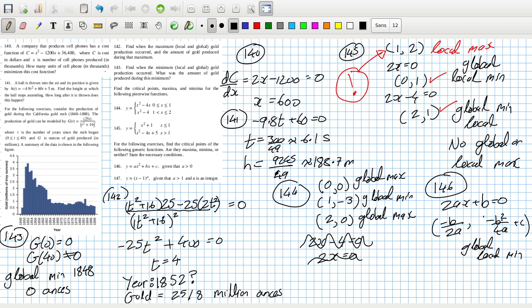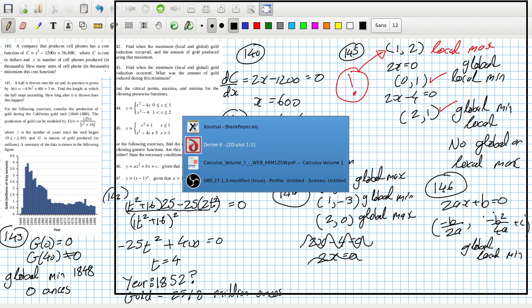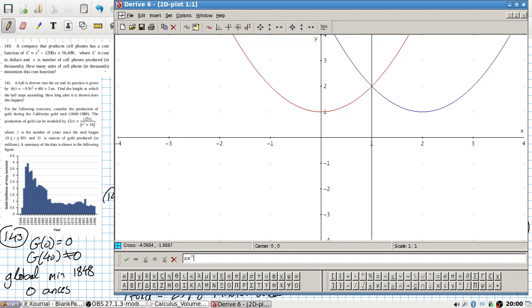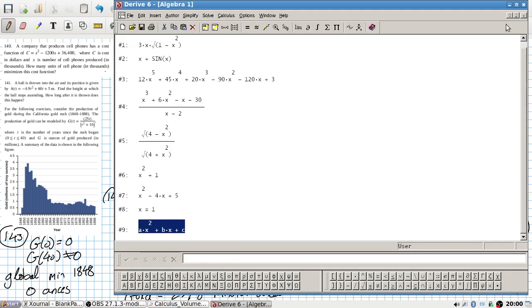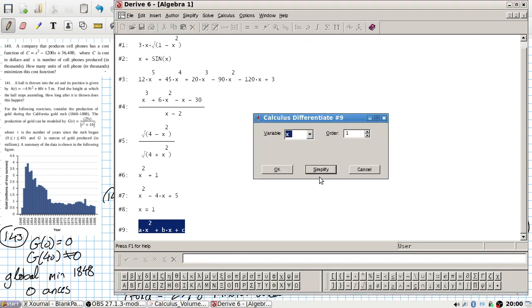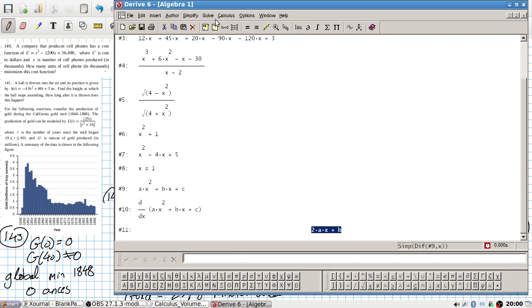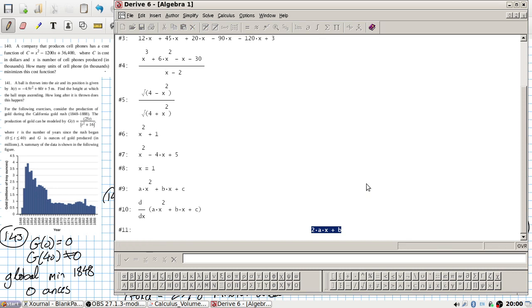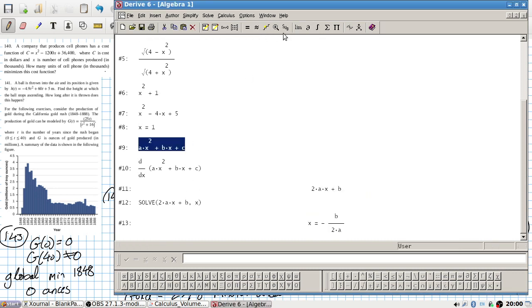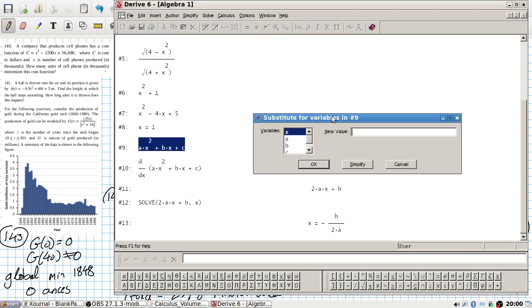I think we had a question like this earlier. Okay. I maybe just want to double check that. Actually, I can do that right here. ax squared plus bx plus c. Okay, derivative, simplify, solve expression, solve, sub, minus b over 2a.